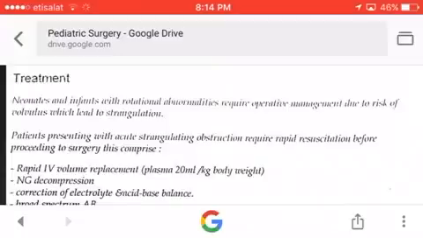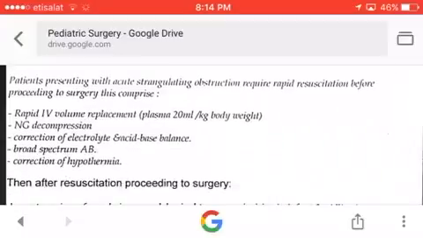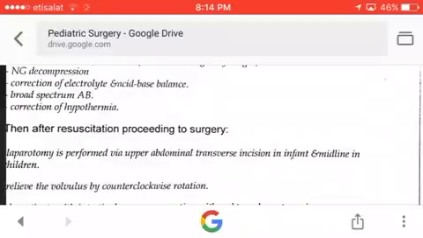Patients presenting with acute strangulating obstruction require rapid resuscitation before proceeding to surgery: rapid IV volume replacement, plasma 20 milliliters per kg body weight, nasogastric decompression, correction of the electrolyte and acid-base balance, broad-spectrum antibiotic, and correction of hypothermia. Then, after resuscitation, proceed to surgery.